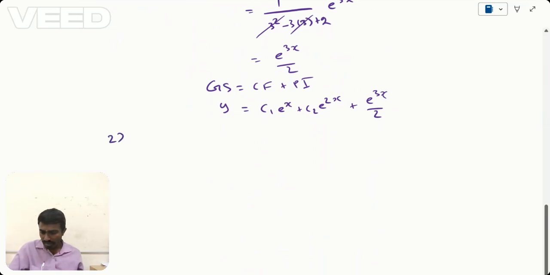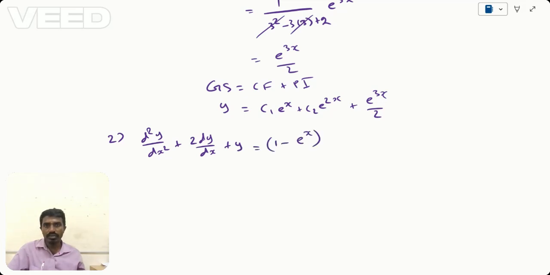The second problem is d square y by dx square plus 2 dy by dx plus y equal to (1 minus e power x) the whole square.